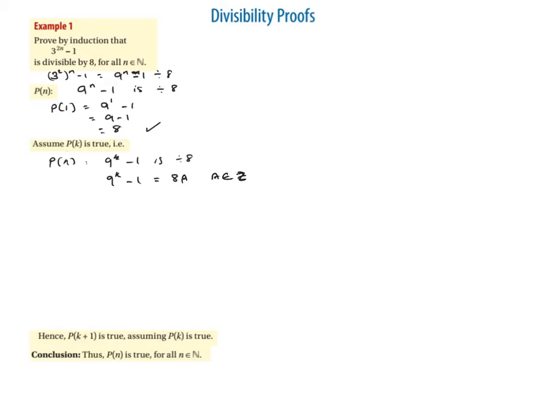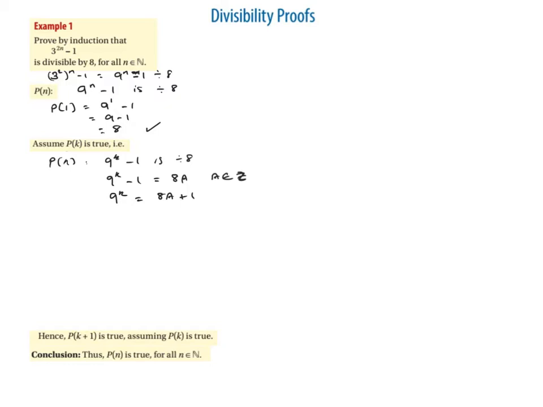Also means that we can rearrange this, so we can say that 9 to the k is equal to 8a plus 1, and all I'm doing is sending this minus 1 across to the other side. Now, the reason we're doing this, we're going to substitute this in later in order to prove this induction theory.